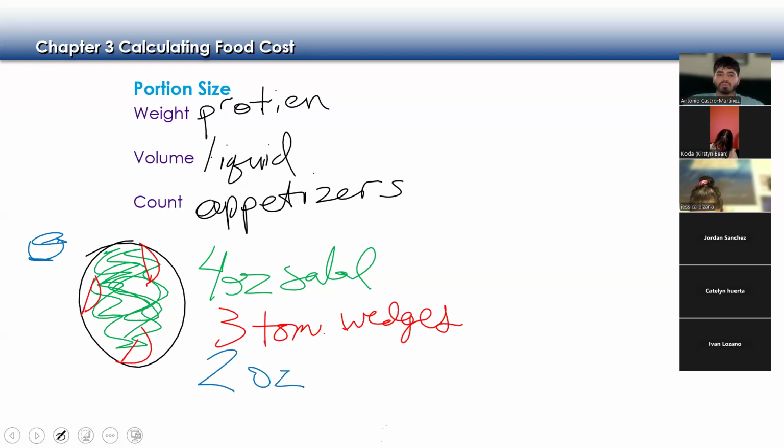Two ounces of dressing on the side. Weight, count, volume. So one standardized recipe, the tomatoes are going to go exactly where you see them, so that if 3 of us order salads, when they get dropped at our table, our salads look exactly the same. That's a standardized recipe.